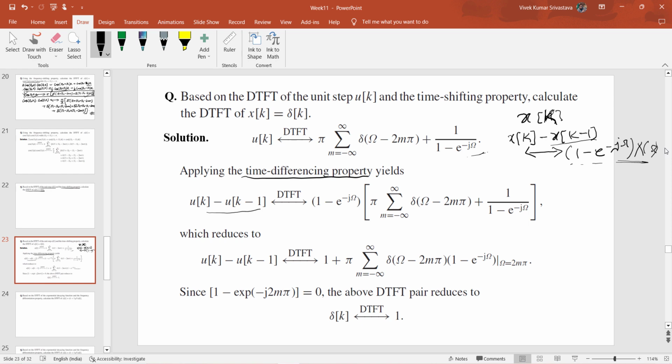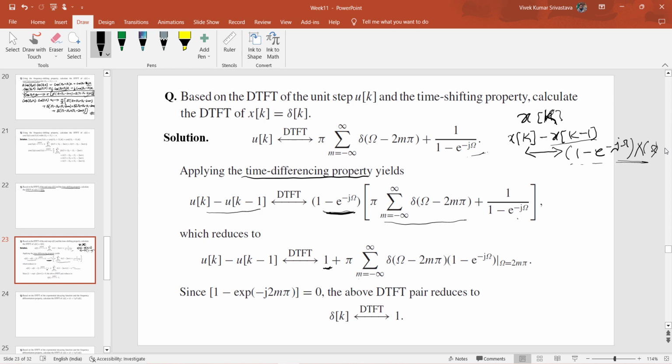Now we will multiply this factor inside the bracket. First we multiply this factor by this term, and we get a value of 1. Multiplying it with the first factor gives this expression.